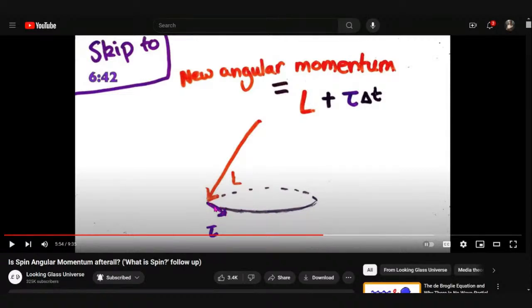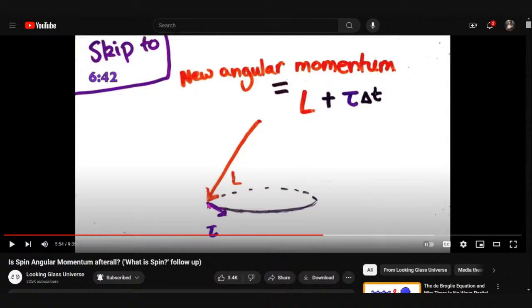This is dL. Is it? Is this dL? The torque is a vector pointing up. But the torque is dL/dt. So how could this vector be the same as this vector? So it's not. This is the force.